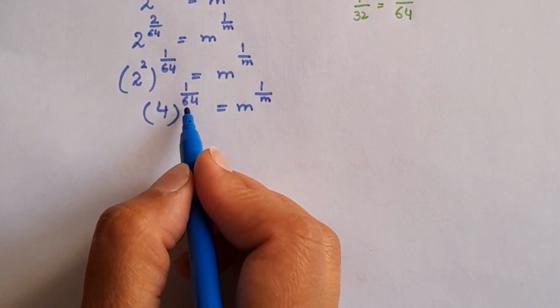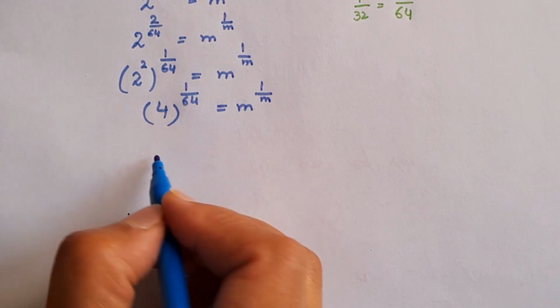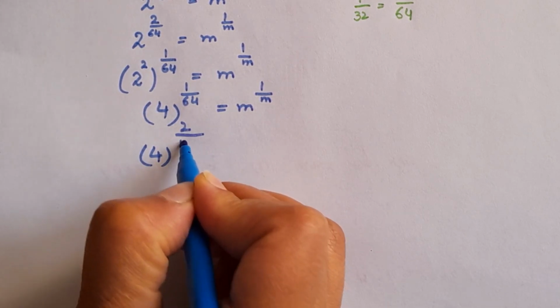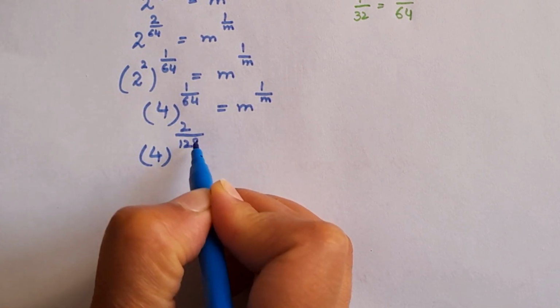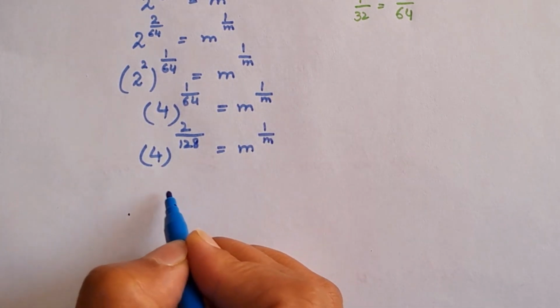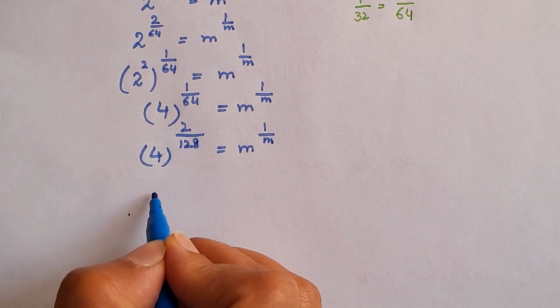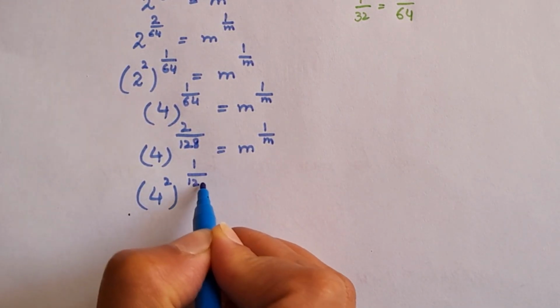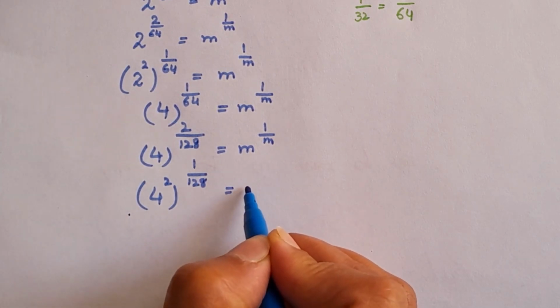Now we will change this 1 divided by 64 to its equivalent value. We can write it as 2 divided by 128. After simplifying we will get the same again. So we can write it as 4 to the power 2, to the power 1 divided by 128.